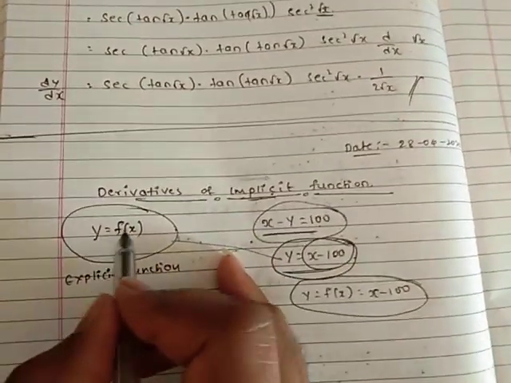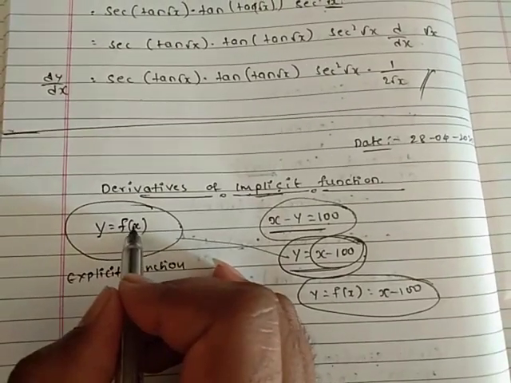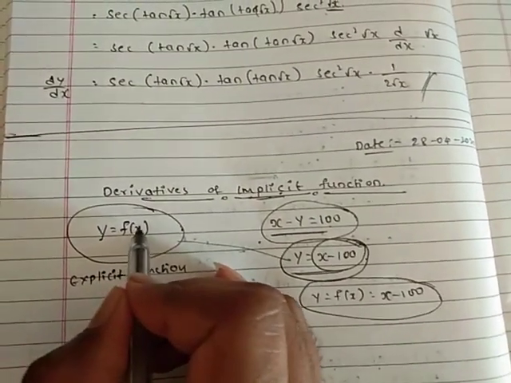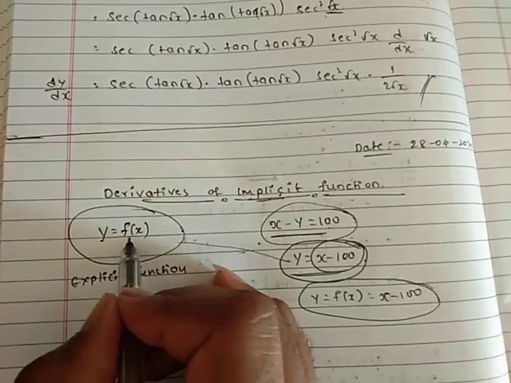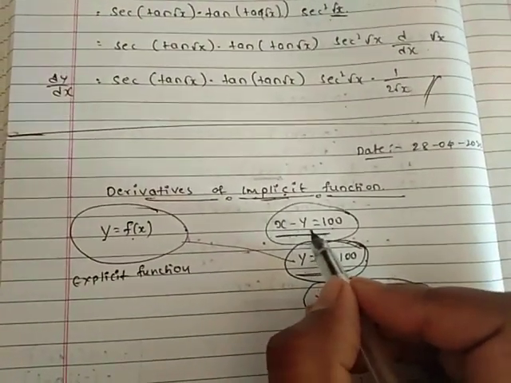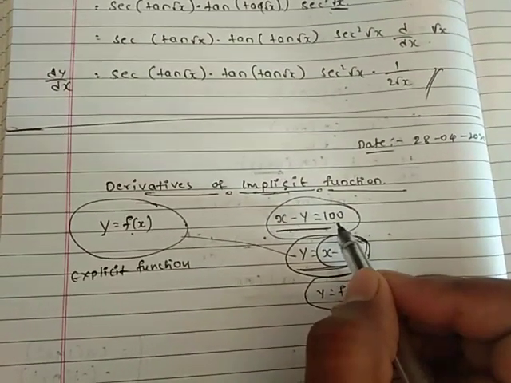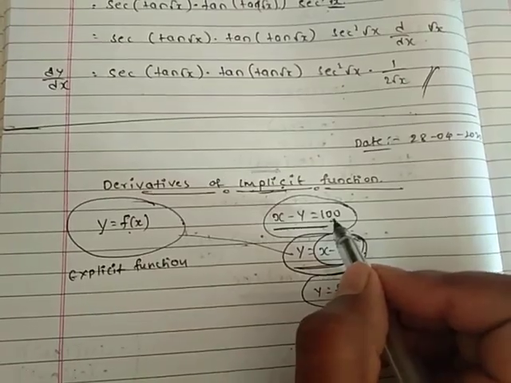Where y is equal to f of x, y is a variable which depends on another variable and can be expressed using a function, so it is an explicit function. But when we express the relation between x and y in a polynomial way, it is an example of an implicit function.